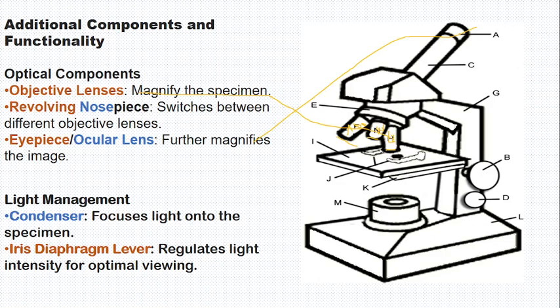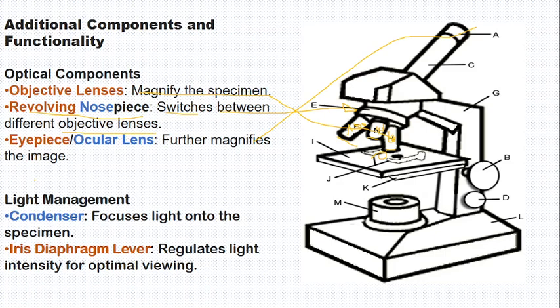Suppose you want to increase the size of the image you are looking at, you should use this revolving nosepiece to switch or interchange the objective lens. That is the function of the revolving nosepiece: to switch between different objective lenses.